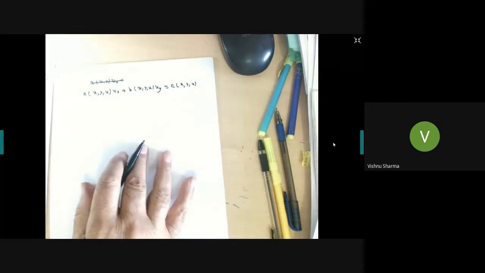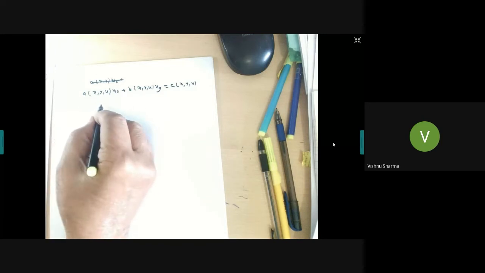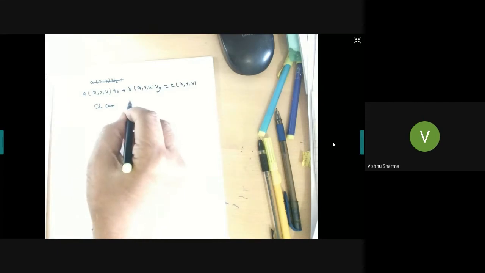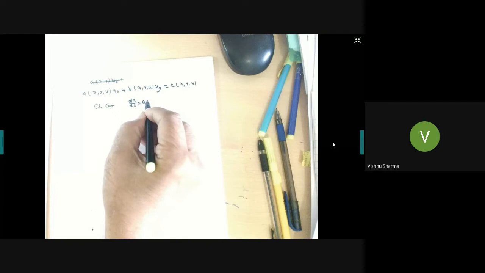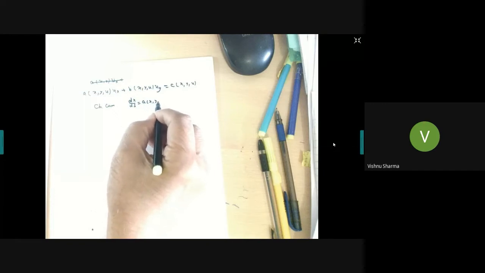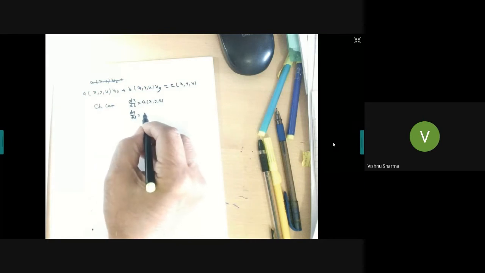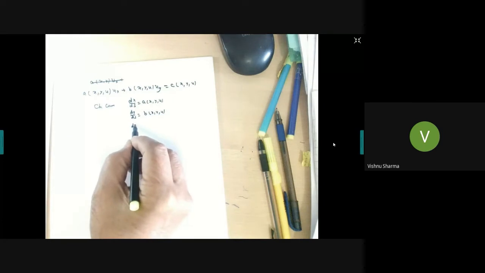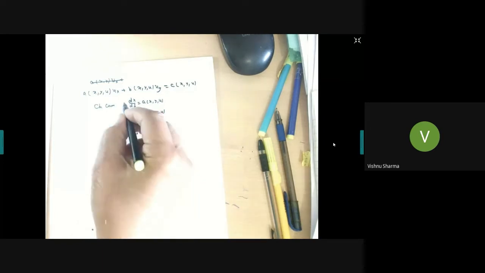So we have arrived at this set of equations, that is, the characteristic curves for this differential equation are given by these equations: dx/ds is a, a function of x, y, u; similarly dy/ds is b, a function of x, y, u; and du/ds is c, a function of x, y, u.